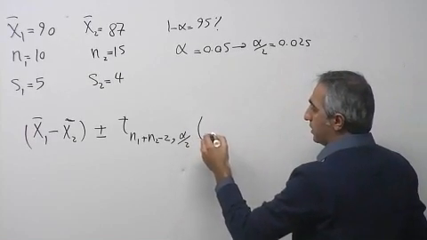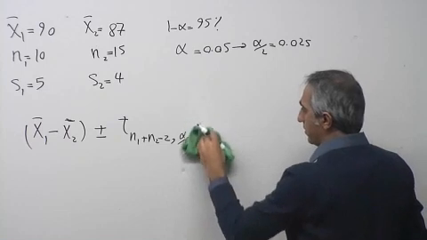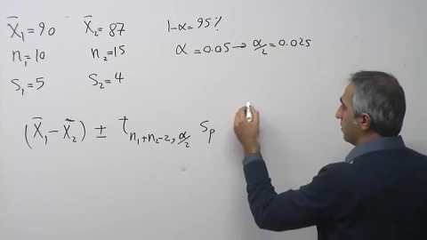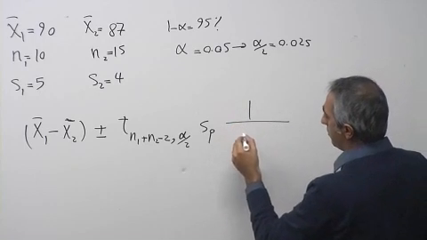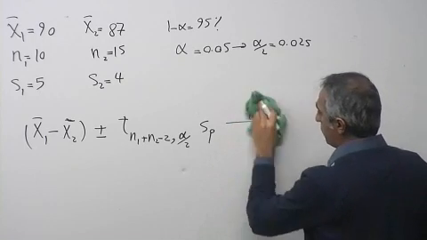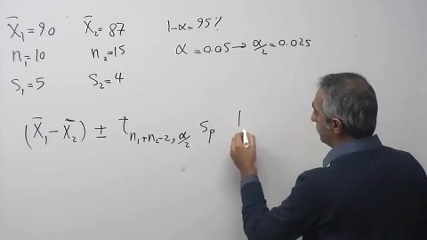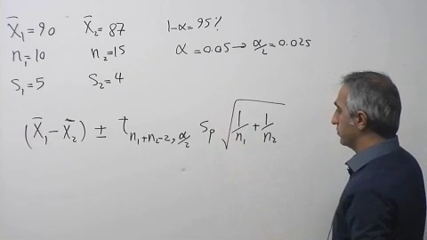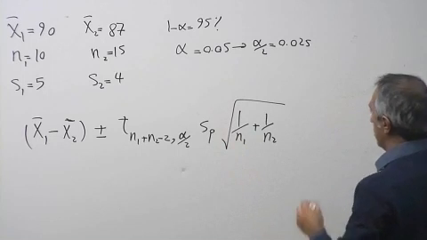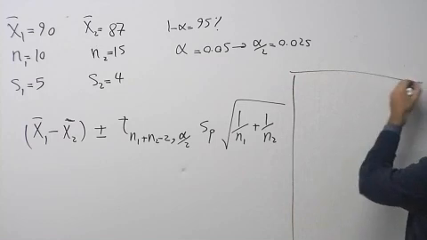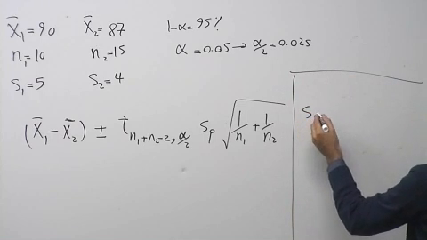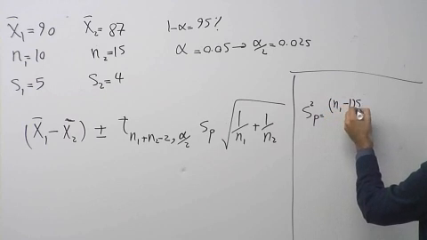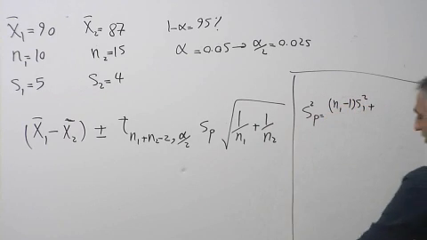And here we have SP times square root of 1 over n1 plus 1 over n2. So we need to calculate the SP first. S squared P is n1 minus 1 times S1 squared, plus n2 minus 1 times S2 squared, divided by n1 plus n2 minus 2. You already have the equation here.